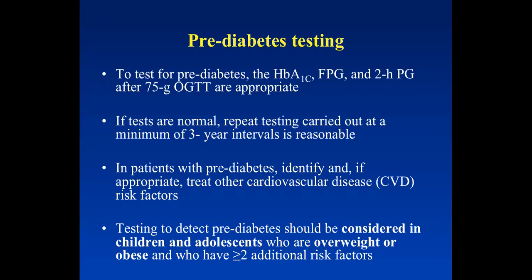Okay, and testing to detect pre-diabetes or even diabetes should be considered in children and adolescents also if they are overweight or obese, and if they have two or more risk factors. So even in younger people, children, adolescents, if they are overweight, you should consider testing for diabetes.